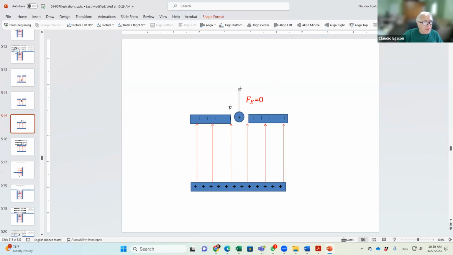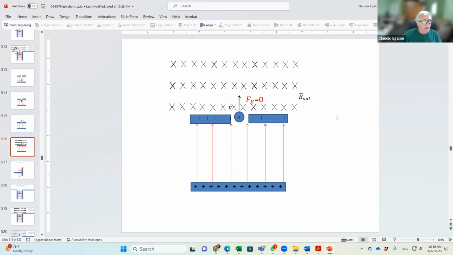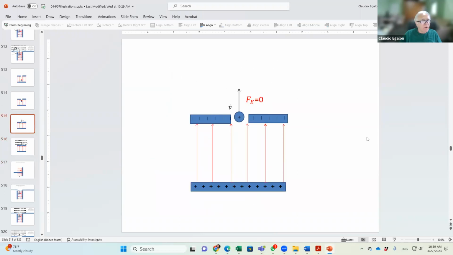Because it's accelerating, we can increase a little bit the arrow length. Okay, and then what else? What comes next? Well, if you remember what we did there before.